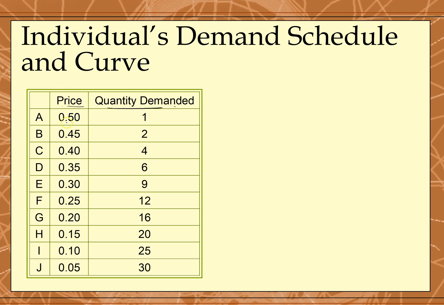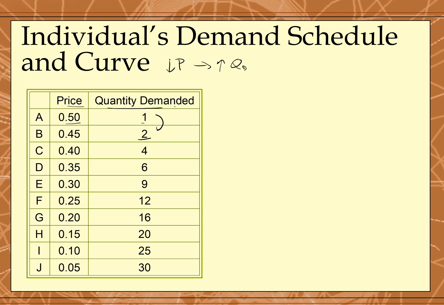We can see when the price is 50 cents, demand is only 1. When you lower price, you can see demand is 2. So quantity demanded went up because it went from 1 to 2.